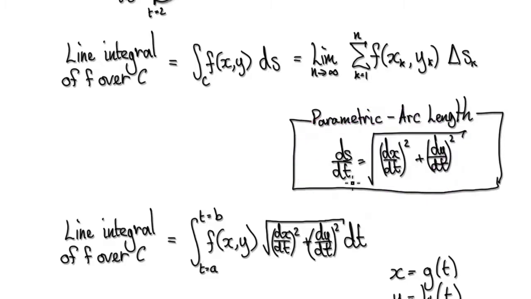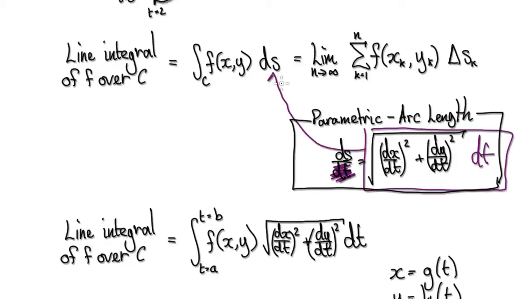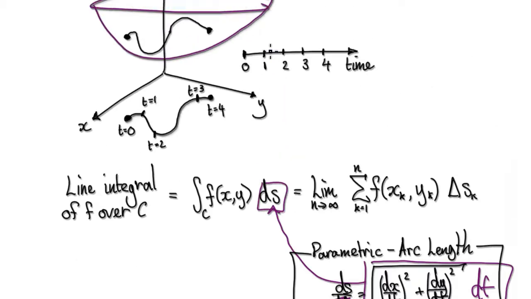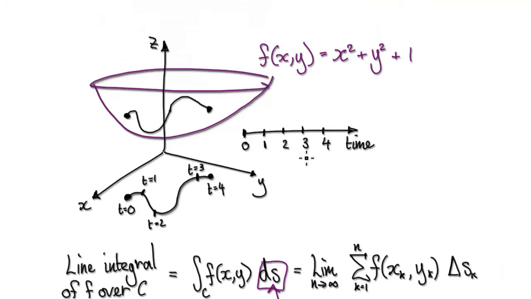If you times both sides by dt, it will then give you this whole thing times dt. So now we can put this into the ds. What that means is our particle up here is driven by this thing called time. So we're going to reference everything in terms of time.